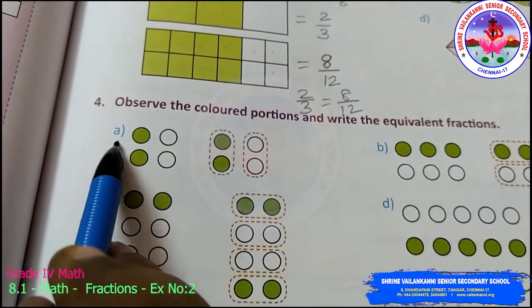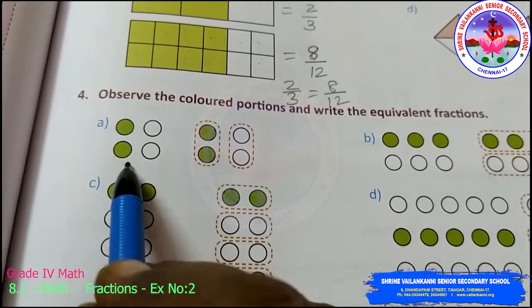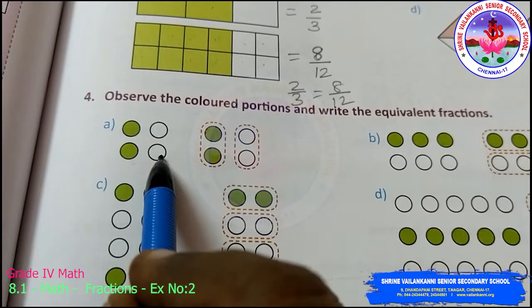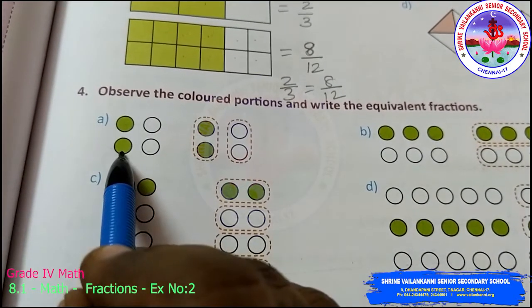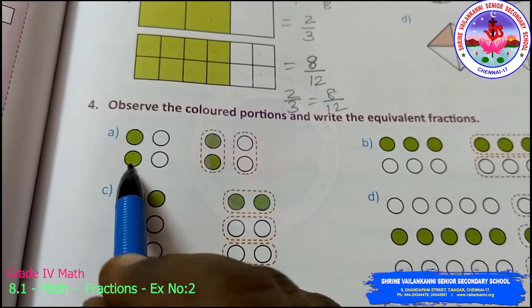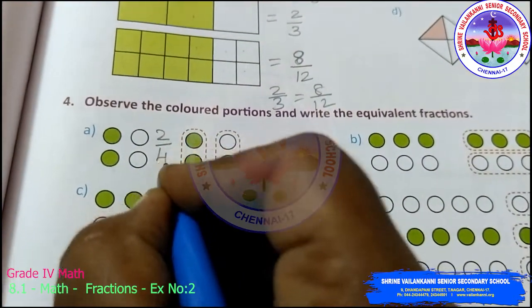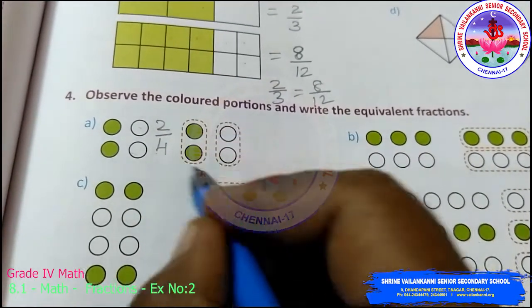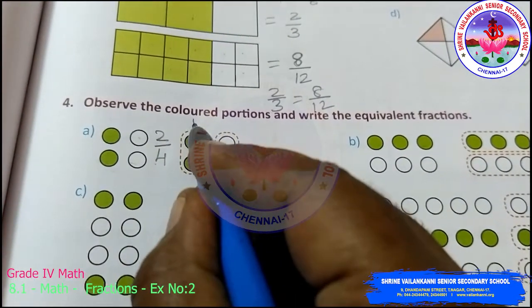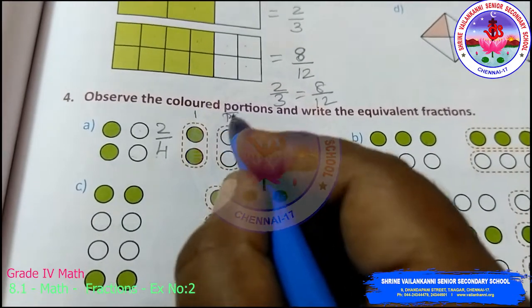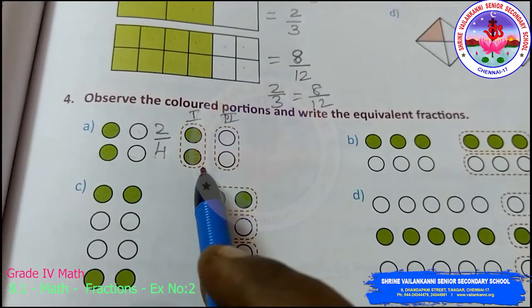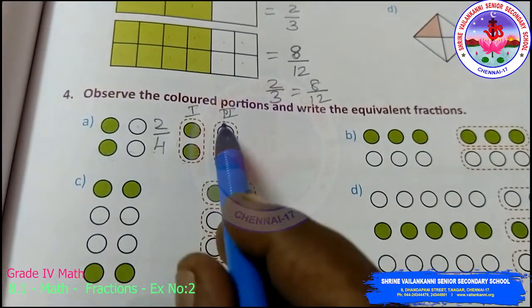So now observe the colored portion and write the equivalent fraction. Okay, so here the A sum. Here also, if you see, 4 separate circles are given, among that 2 is colored, which is 2 by 4, because the number of circles is 4, colored is 2. Here first group, second group, because these dotted circles are there.